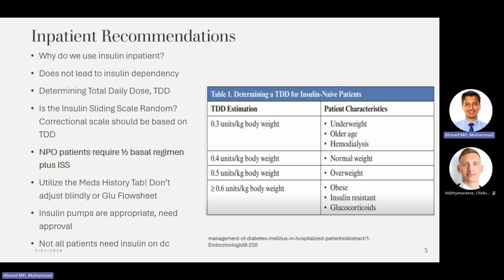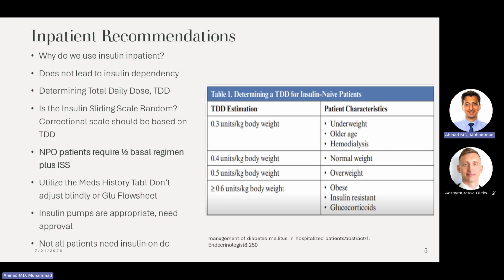Glucommander is very smart software that gives you what the total daily dose is in 24 hours. But that's a great starting point. You can decide how much insulin my patient needs. I can't see the home records, they're confused, but I need to start with a number that's going to be somewhat appropriate. So we'll talk about that in this chart in a second.